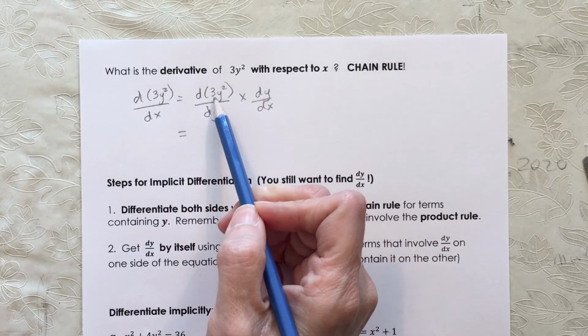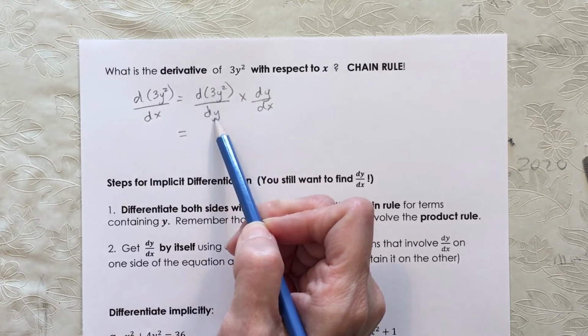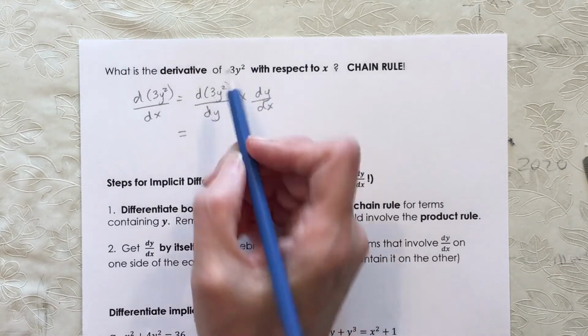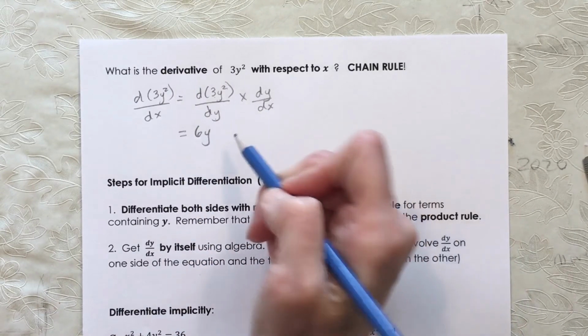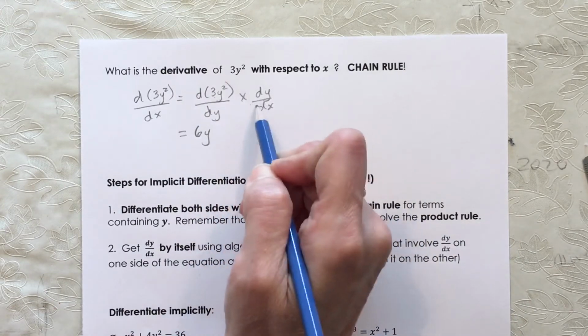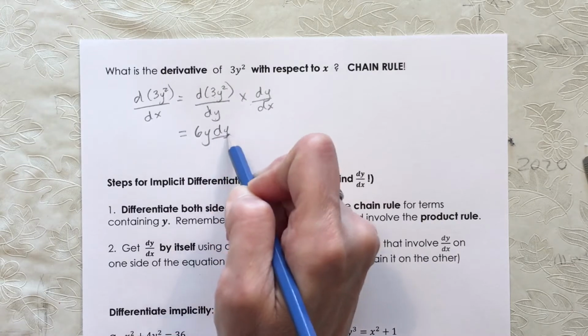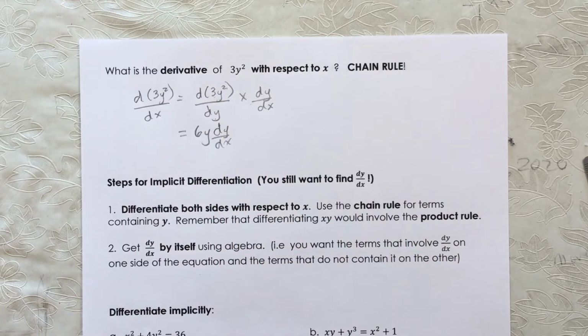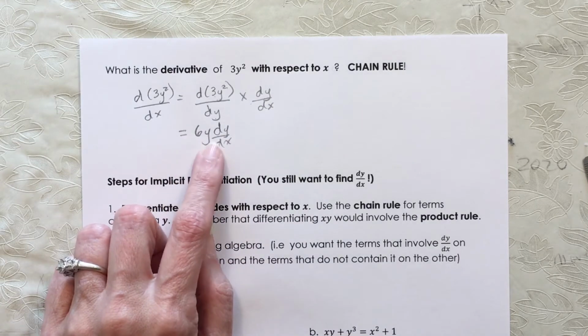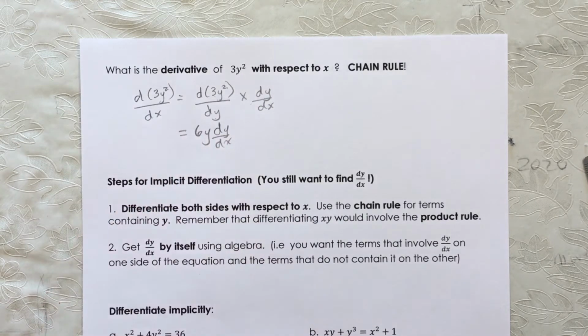For the derivative of 3y squared with respect to y, we can use the power rule, so it would be 2 times 3 is 6y to the 1, times dy by dx. Don't use the times sign because you can mix it up with an x. So this means 6y dy by dx, all three things multiplying together: 6, y, and dy by dx. So that's the derivative using the chain rule.